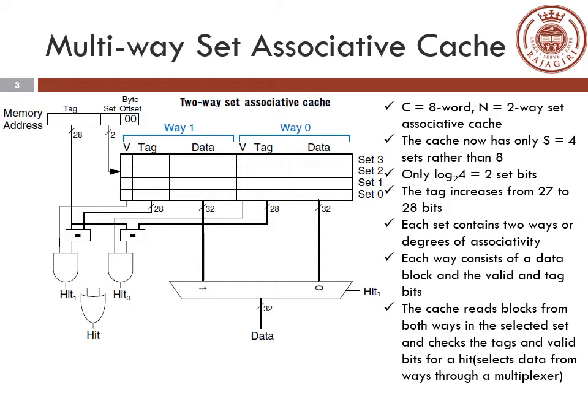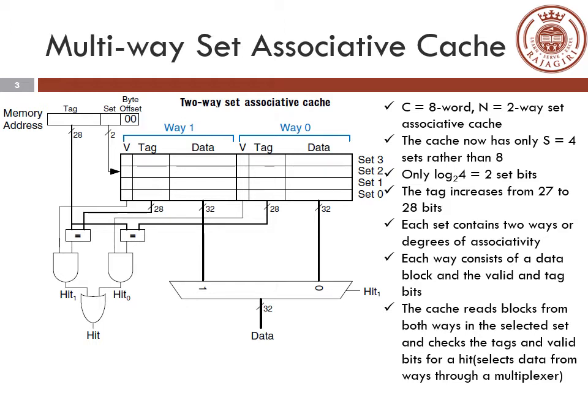When a processor gives a memory address, based on the set value, here a 2-bit set value, it will map to either set 0, set 1, set 2 or set 3. In this example, the set is mapped to set 2.